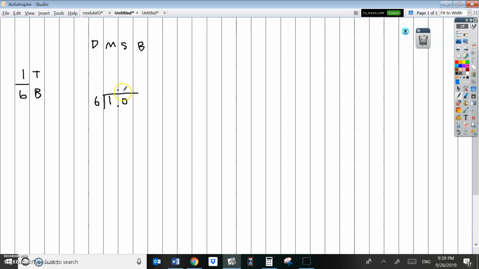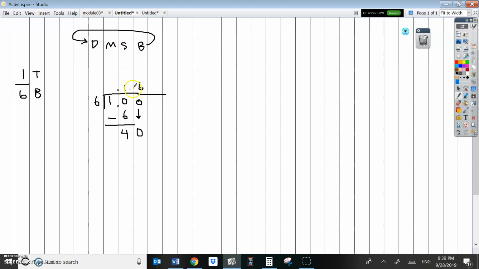How many 6s in 10? 1. Multiply. 1 times 6 is 6. Subtract, and we get 4. Bring down a 0. And go back to the beginning. How many 6s in 40? Or 6 times what is close to 40? 6.